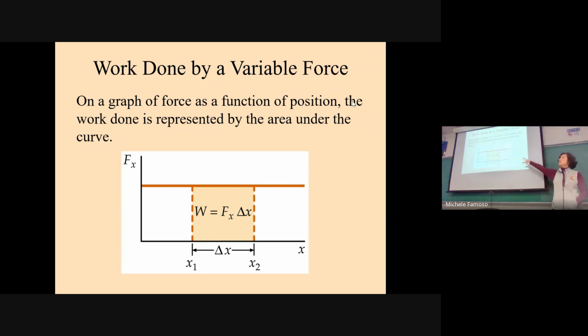In this case, the force is a constant amount from position 1 to position 2. If I wanted to know how much work was done by that force, and all I had was the graph, what I could do graphically is calculate the area between the force and the position change.